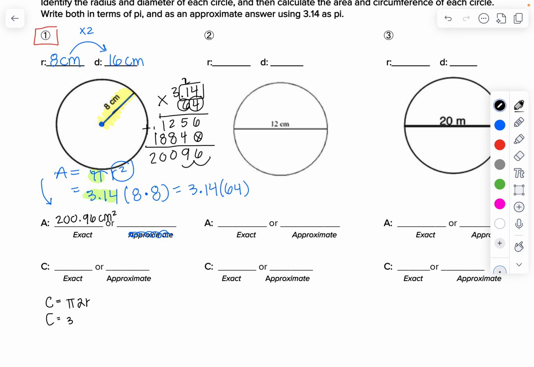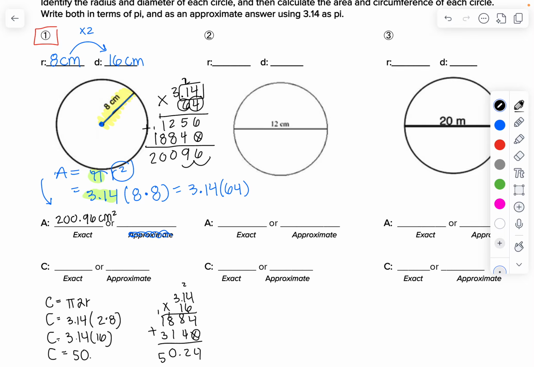So C is equal to 3.14 times 2 times 8. 3.14 times 16 is gonna be, so that's 4, 12, 10, 50. 50.24. And if you remember this specific one, you had it on your exit ticket yesterday.